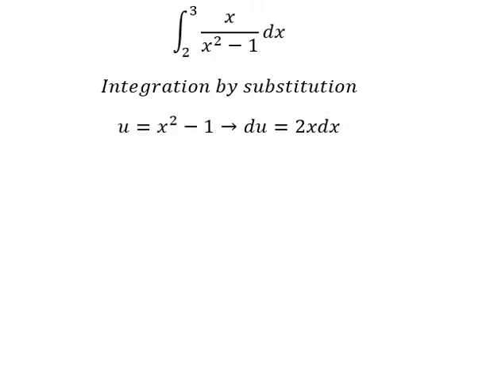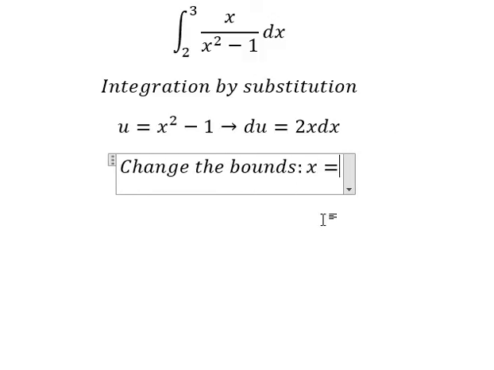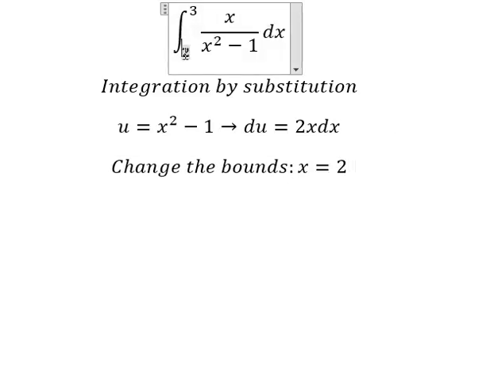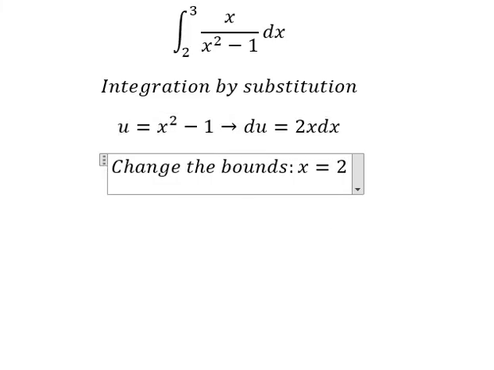Next, we need to change the bounds. When s equals 2, I will put 2 here to find the value of u. So 2 squared minus 1, we have 3.